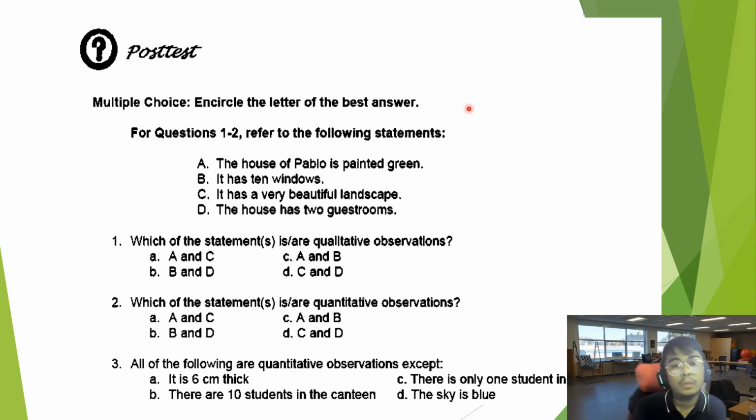For number 1, which of the statements is or are qualitative observations? Choose among the 4 options. For number 2, which of the statements is or are quantitative observations? Again, choose from the 4 statements presented above. And for number 3, all of the following are quantitative observations except. Just choose one from the 4 options.